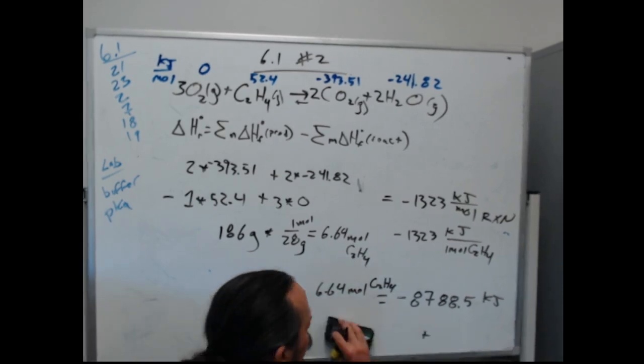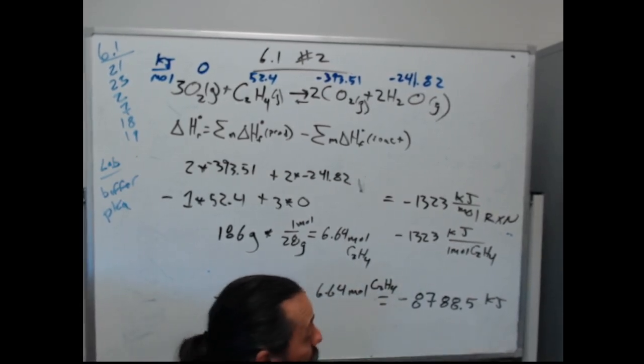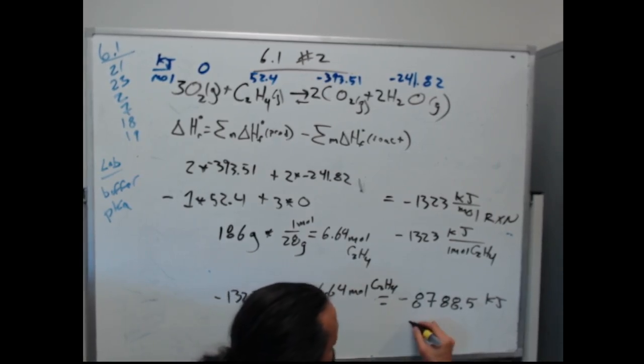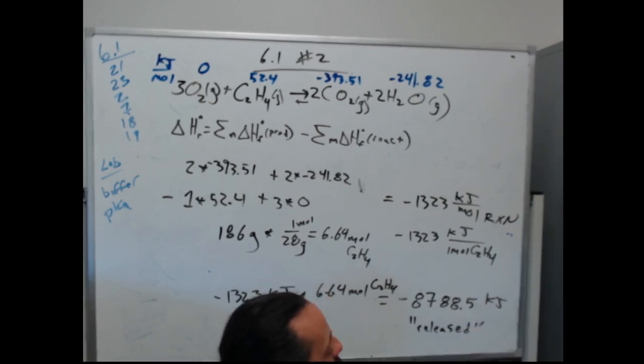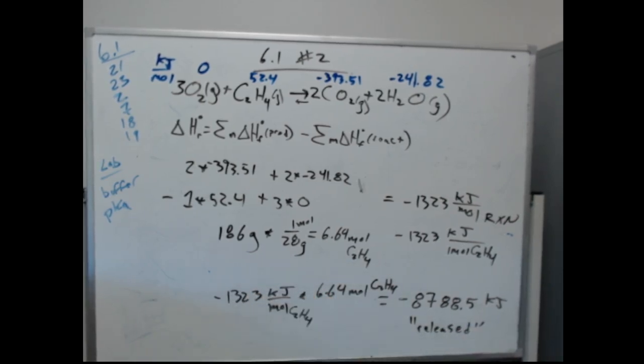The reason I put released, the place where people can get in trouble and we have to be careful, is if you have negative energy released, the word released that I put in quotes is essentially doing the work of that negative sign. And so it creates some ambiguity if you have a negative energy released. It's a double negative.